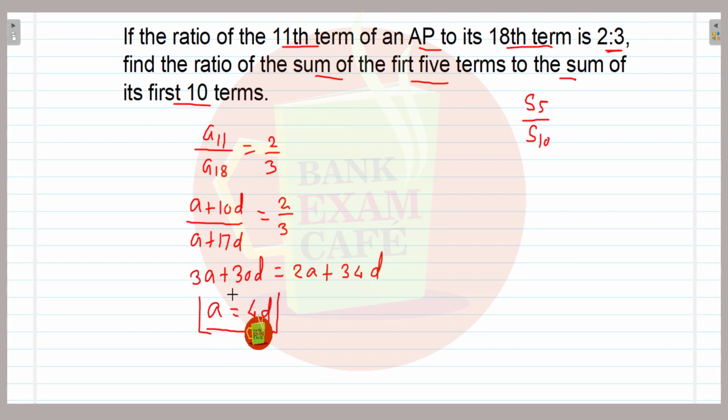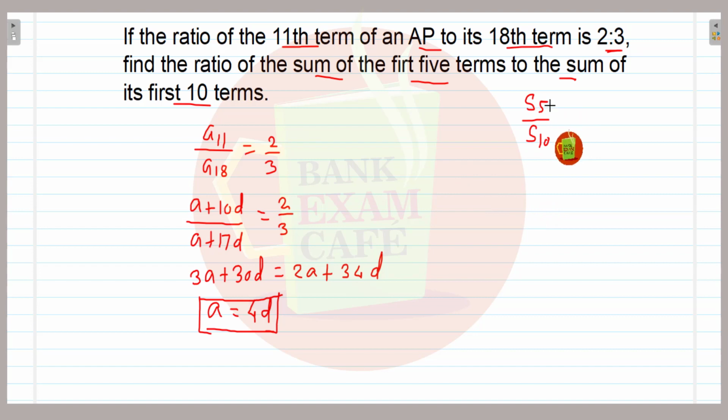So this is the first important step, highlight this. Now we will find S5 upon S10. S5 will be n by 2 into bracket 2A plus n minus 1 into d.